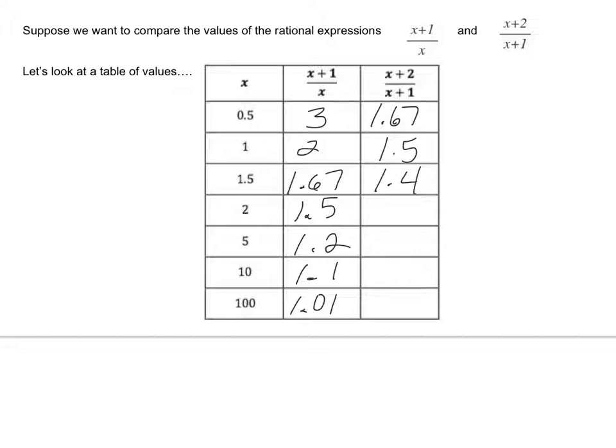What's next? 4 divided by 3 is 1.33. 7 divided by 6 is 1.17. 12 divided by 11 is 1.09. And 102 divided by 101.